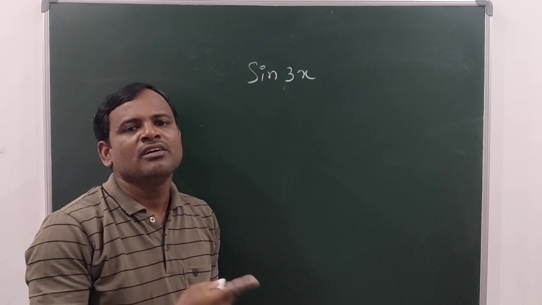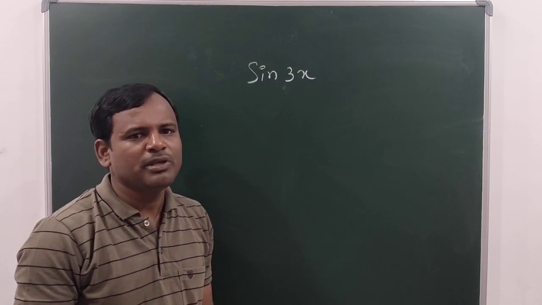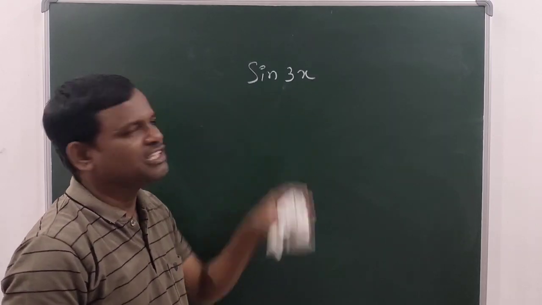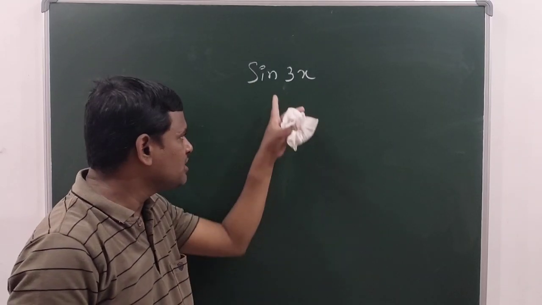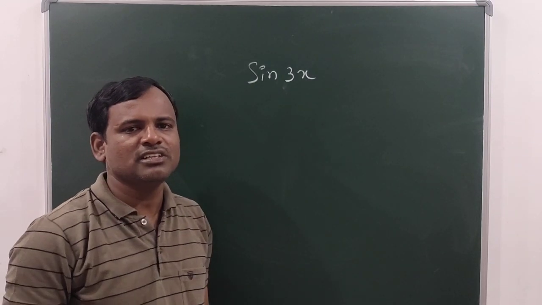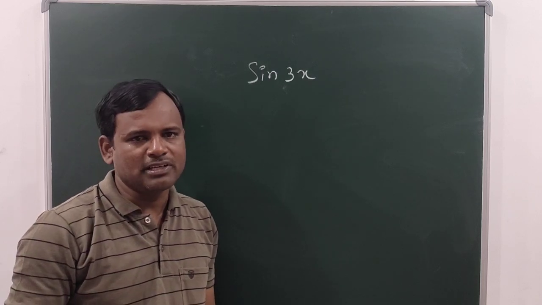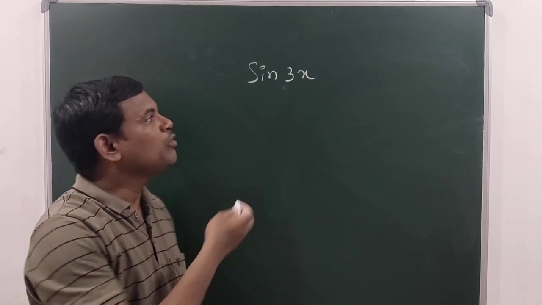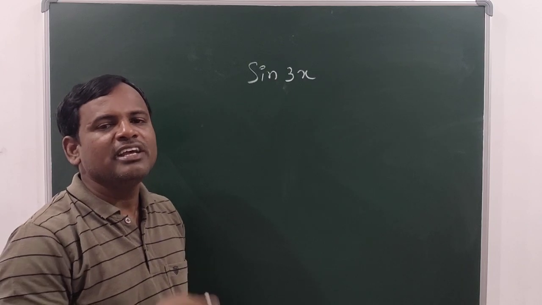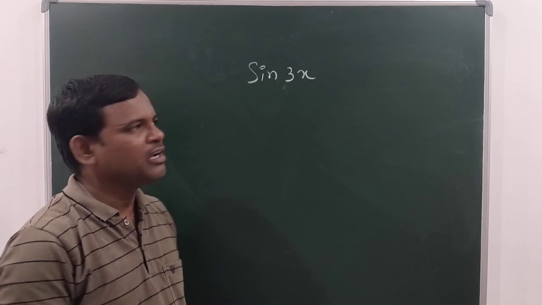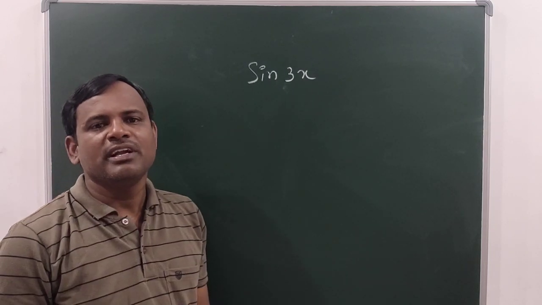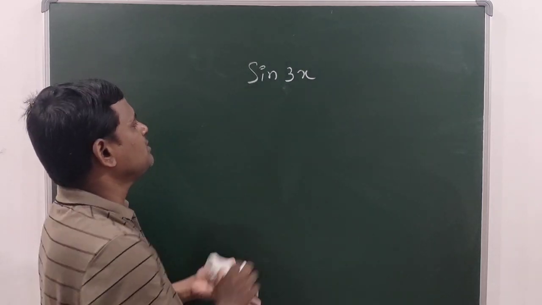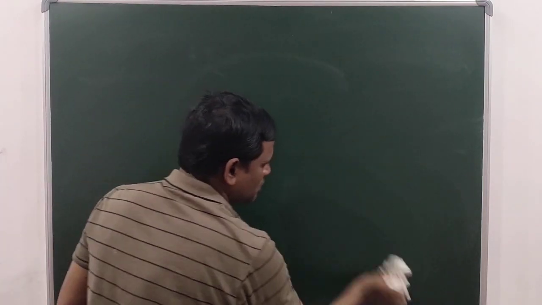Hence we said, okay, it is a periodic function with period 2 pi radians. But if the function is given like this, drawing the graph of this function is somewhat complex. Hence, how do you determine its period? Here we have some procedures to find the period of the given function. Let us observe that procedure.